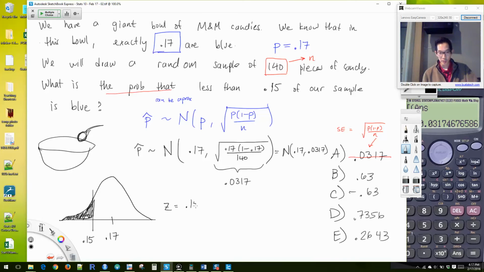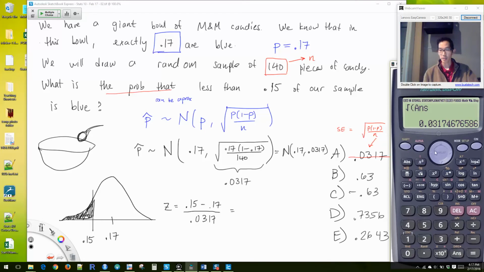So I'm going to do 0.15, basically my x, minus the mean of 0.17, divided by the standard deviation of 0.0317. Okay, so I'm going to type this in: 0.15 minus 0.17 divided by 0.0317.